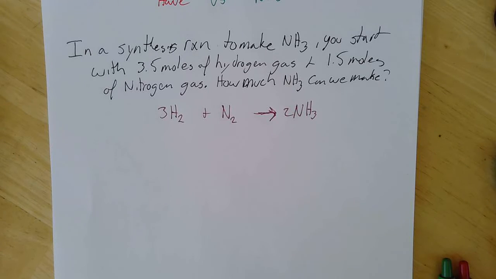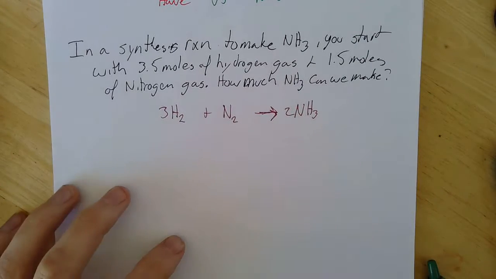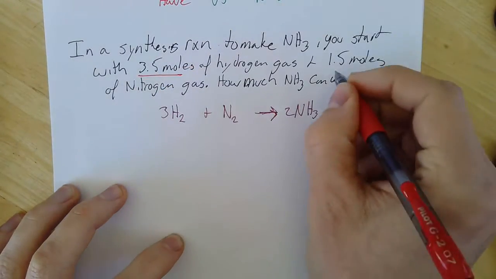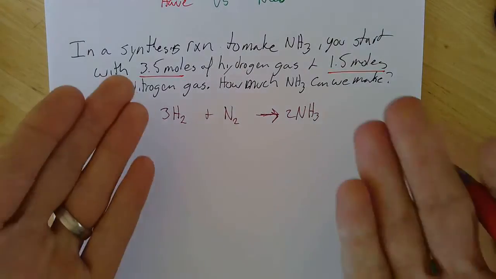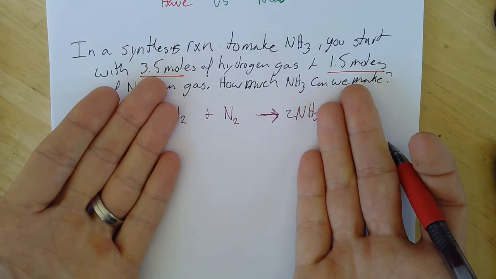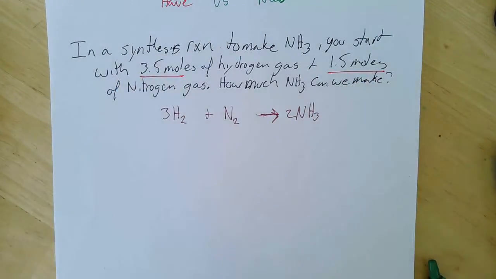The difference in this problem and what we did last week is this: all of a sudden, we have 2 numbers. And it's our goal to figure out which of those 2, the 3.5 moles of hydrogen or the 1.5 moles of nitrogen, is going to run out first.